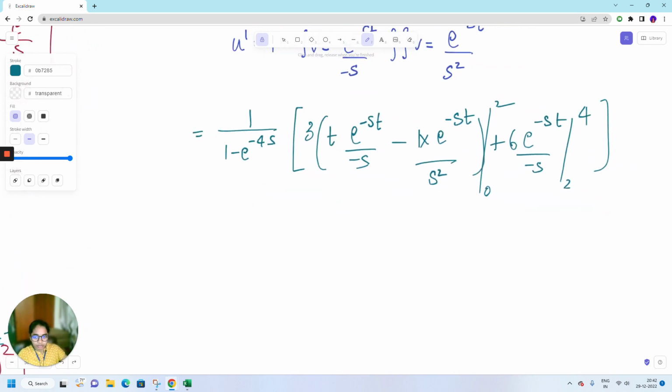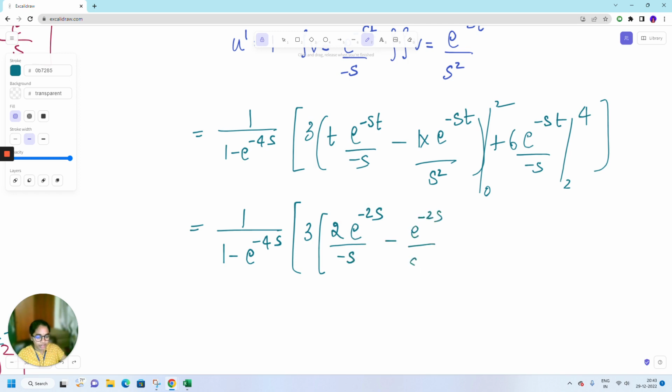Okay, so yes, 1 divided by 1 minus e power minus 4s into 3. Okay, wherever you have t, substitute 2: e power minus 2s divided by minus s minus e power minus 2s divided by s square. Okay, lower limit would be plus 0, right? In place of t, if I substitute 0, 0 into anything is 0.